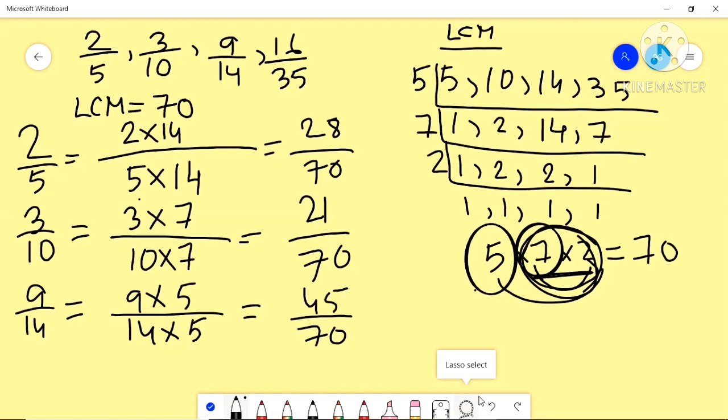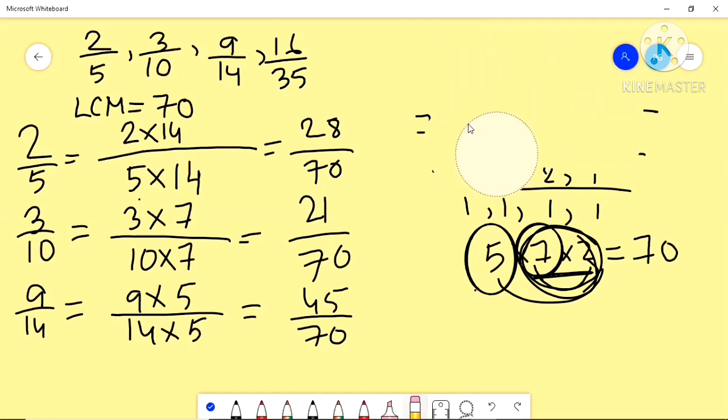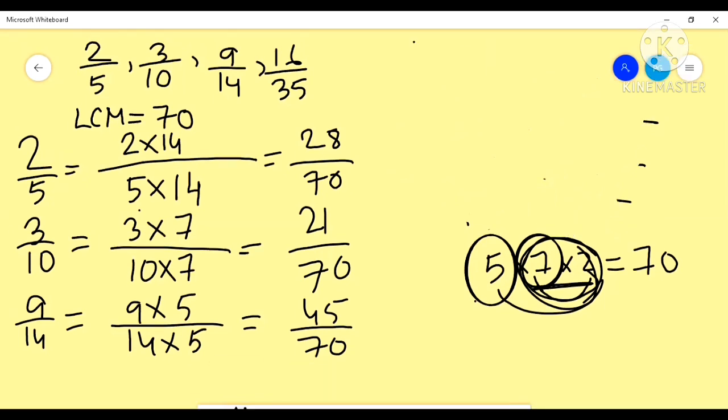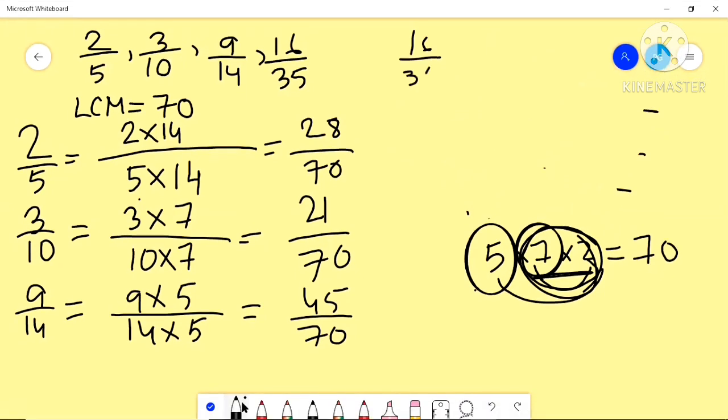And the last one is 16. So there is no space. Let me take some space from here. So the last number is 16 by 35.